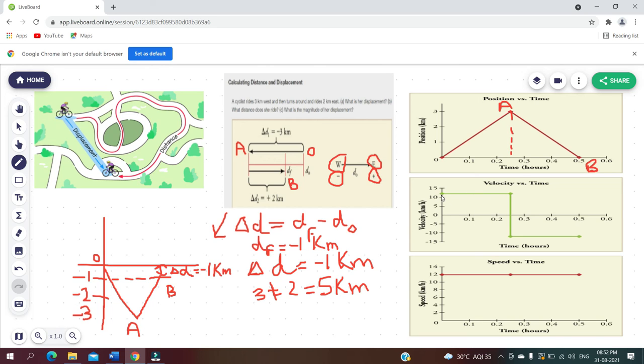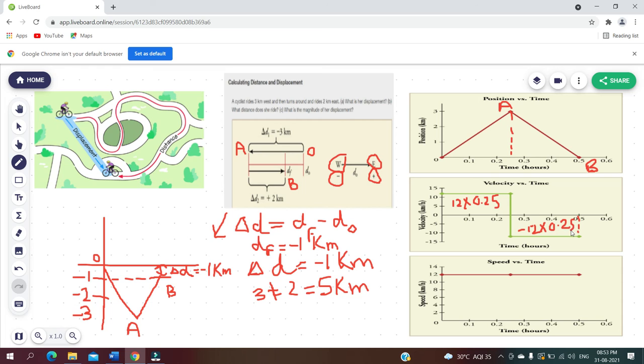When we find the area of this rectangle, it will come out to be 12 into 0.25, and when we find the area between the velocity-time graph and the time axis below it, we will get minus 12 into 0.25.